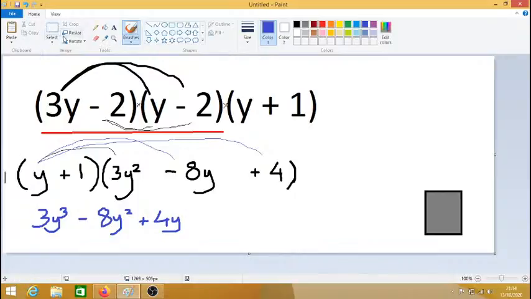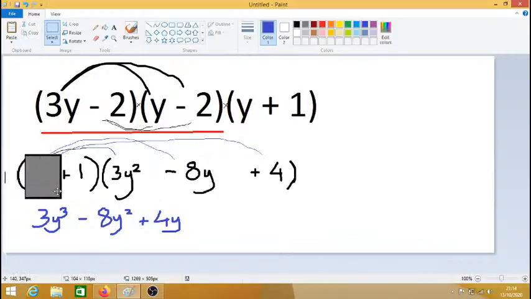And now, because the y has been multiplied by everything, now is the time to bring your little cover and say, look, I've done as much as I can, multiplied everything that I could with the y, so now it's time to switch and look at the other thing in the bracket, which is the 1. This should be quite easy because 1 times anything is just itself. So 1 times the 3y squared.